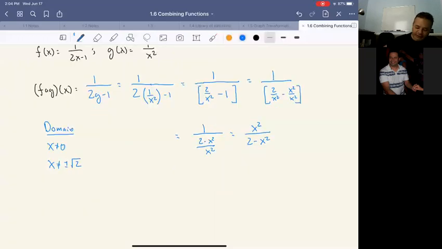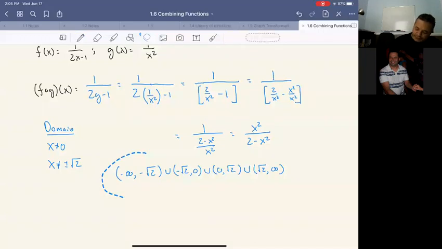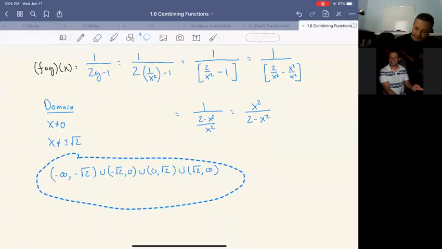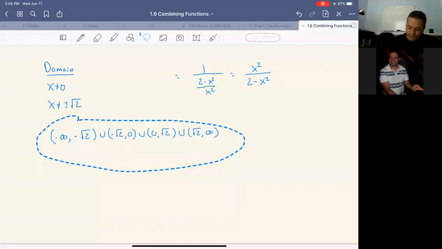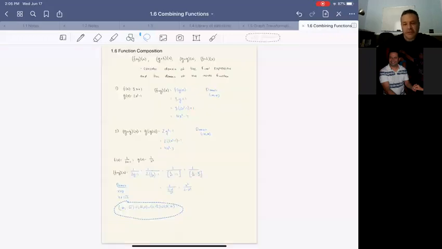Let's just write that in interval notation. So the domain here in interval notation is like so.